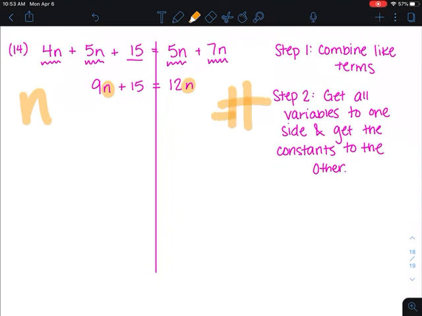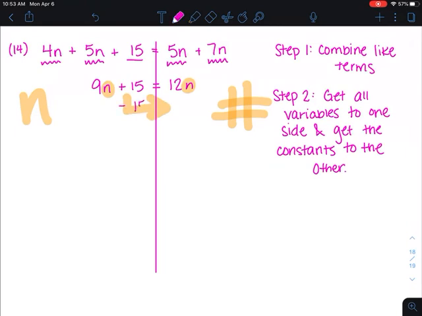And the constants are just the numbers with no variables. So I'm just going to say we're going to have our n's over here and our numbers over here. You could do it vice versa. You could do your numbers over here and your n's over here, but it would not matter. It would not change it as long as you do the problem properly.